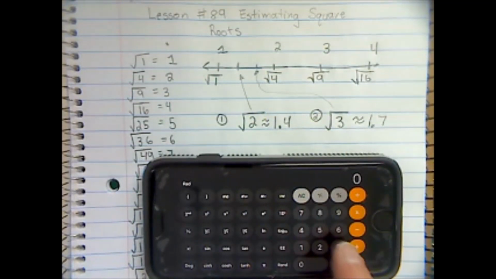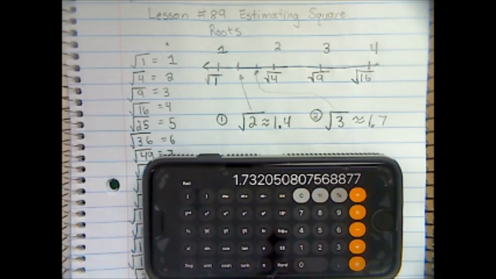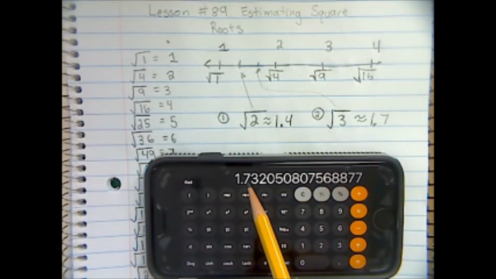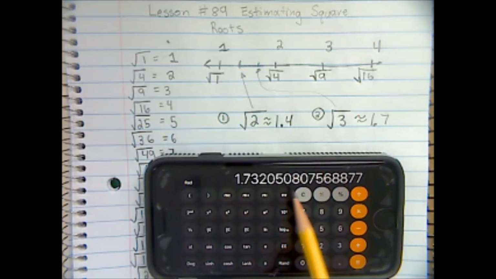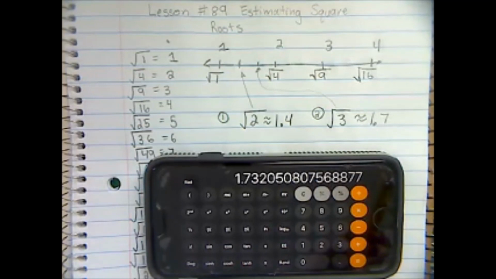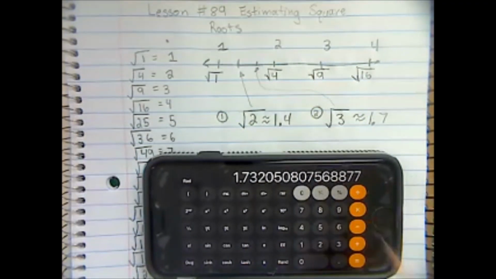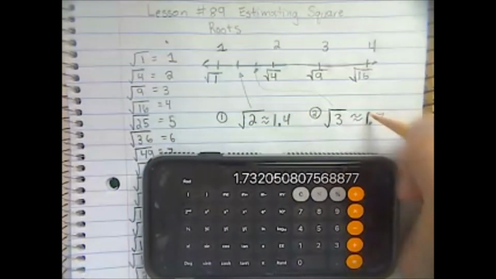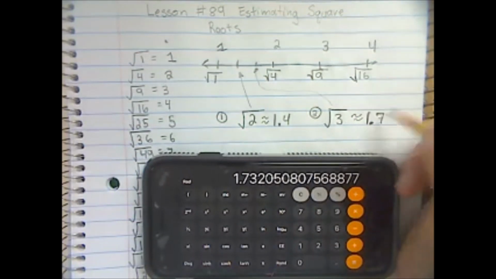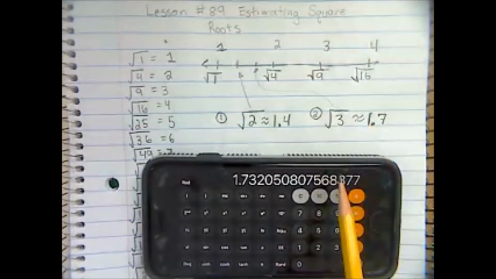Clear this out. 3 square root. What do you know? 1.7 3205080756887, and it goes on forever. It's actually an irrational number because it goes on forever. It's kind of like pi, in that the decimal goes on forever and does not repeat itself. But I was pretty close.